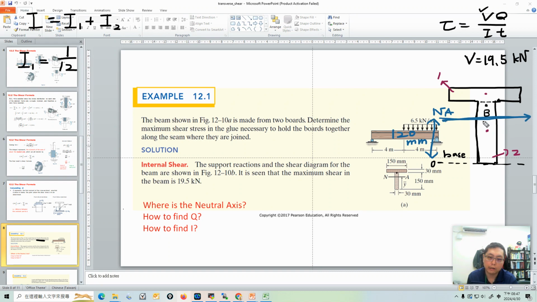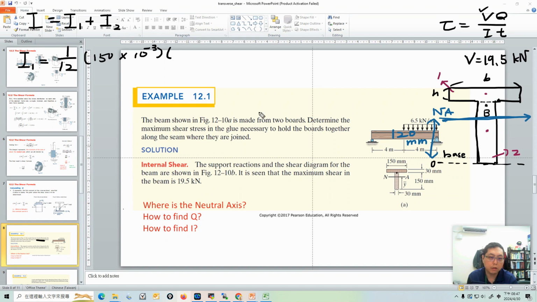Right now our neutral axis is horizontal, so b is the horizontal dimension. What is its distance here? It's 150 millimeters, so 150 millimeters is your b, and h is here.